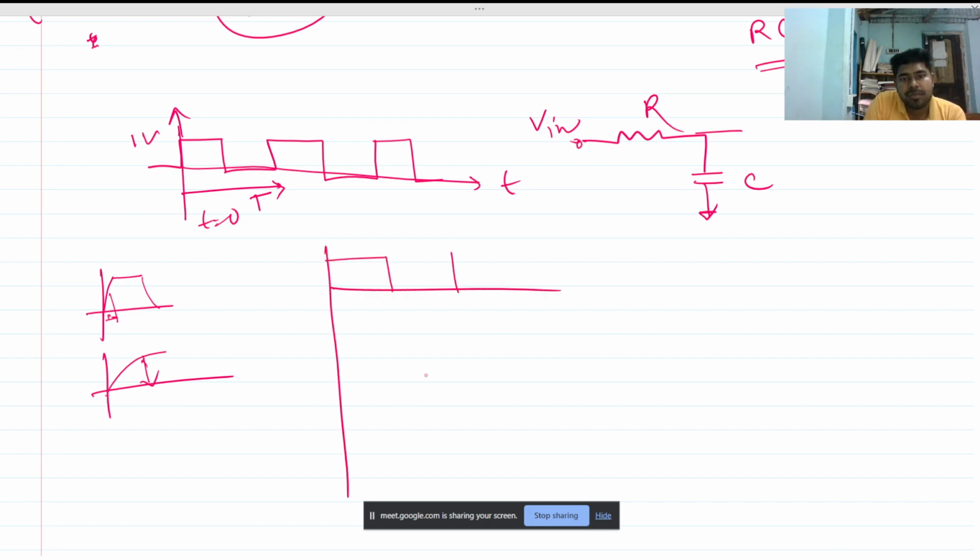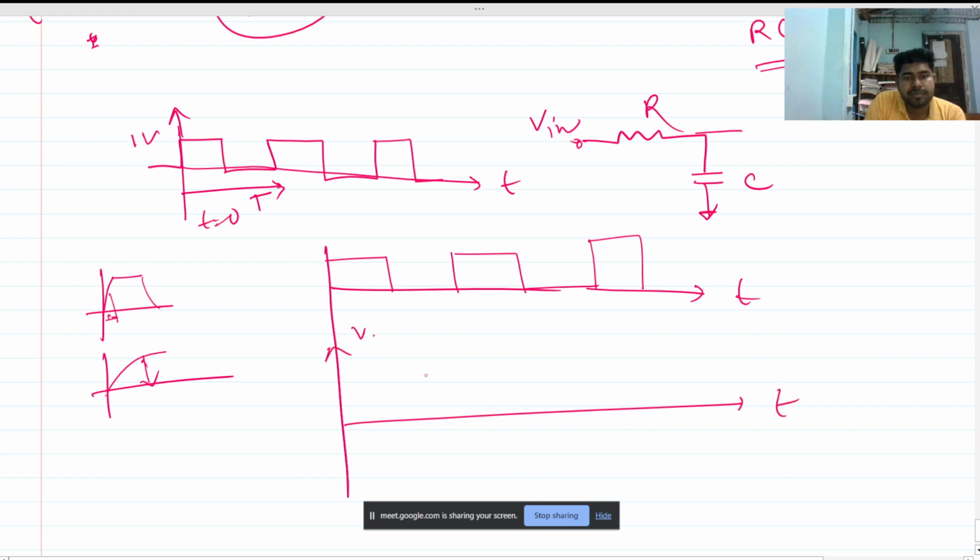Let's say this is our V out, and this is our V in of 1 volt. At this point it is T by 2. So during this half time period, what will be the voltage waveform of V out?